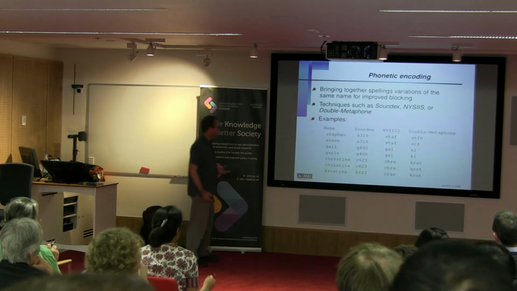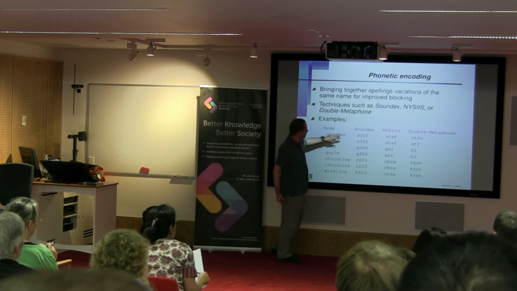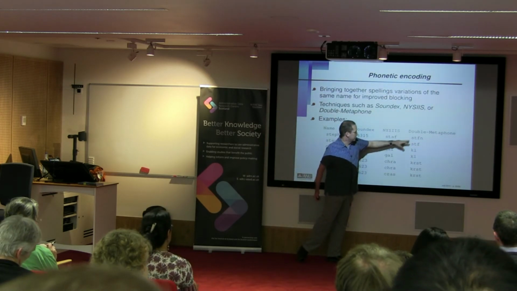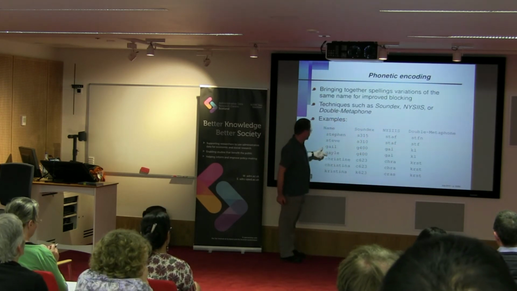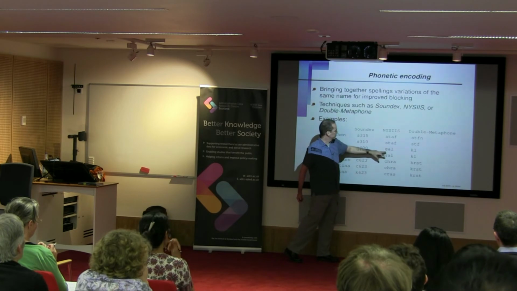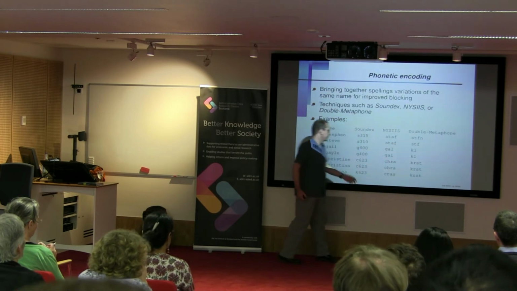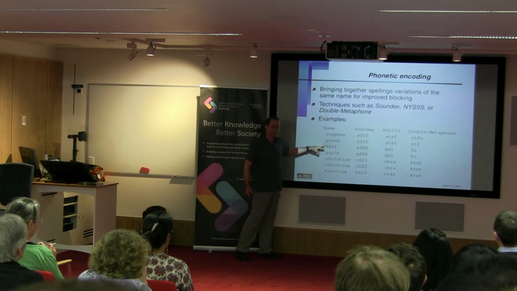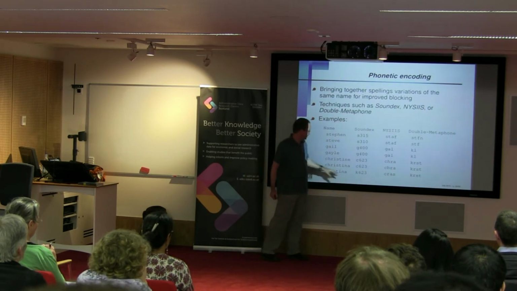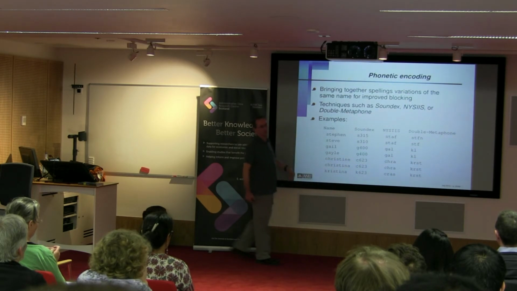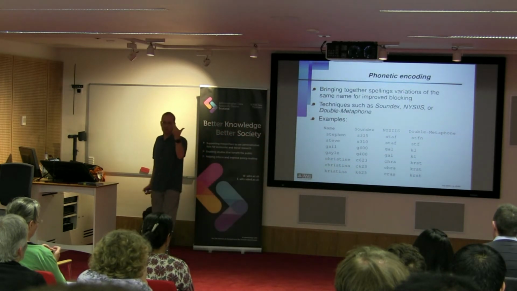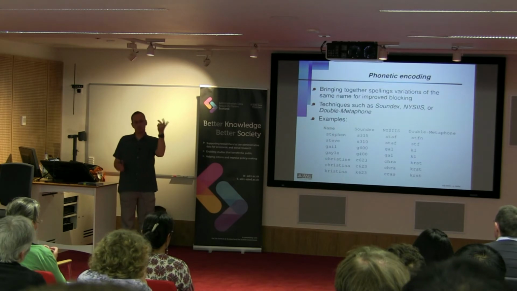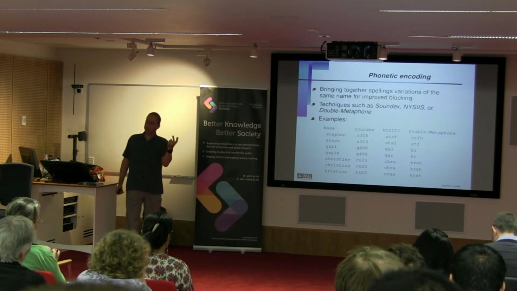And they're pretty successful. So you can see, for example, Steve and Steven have the same codes, well, almost the same codes here. Gale and Gale have the same Soundex, and everything is the same. A problem with Soundex is that it keeps the first letter. So Christine, Kristine, and Christina, the first letter makes a difference in the code. Right? So what people often do is they reverse the name string and do Soundex on the reversed string.